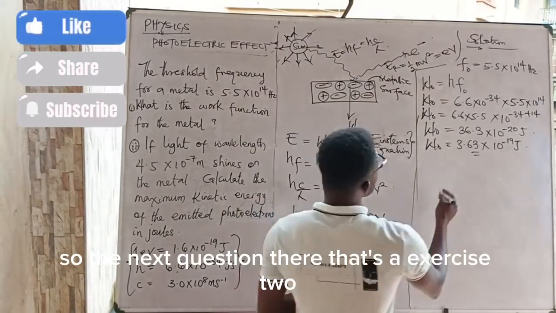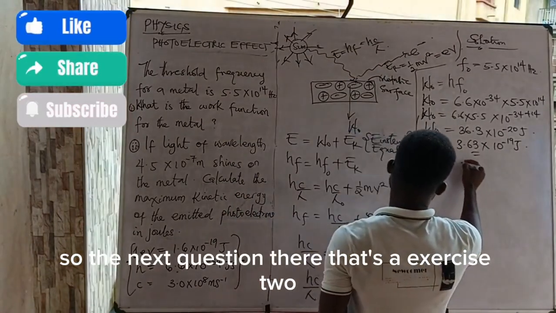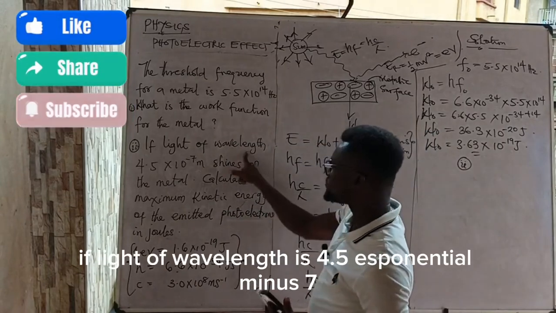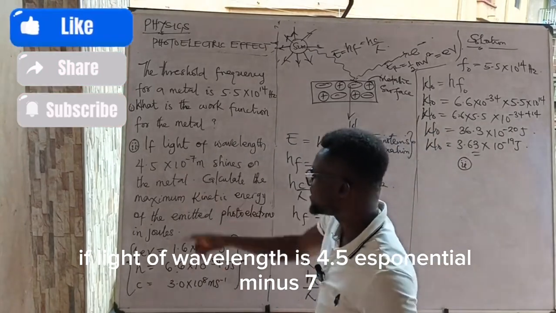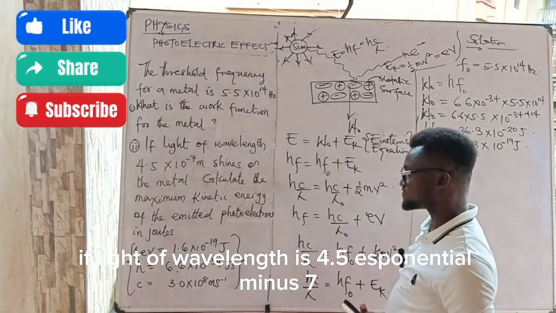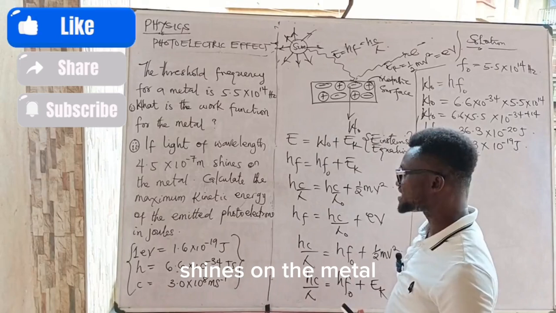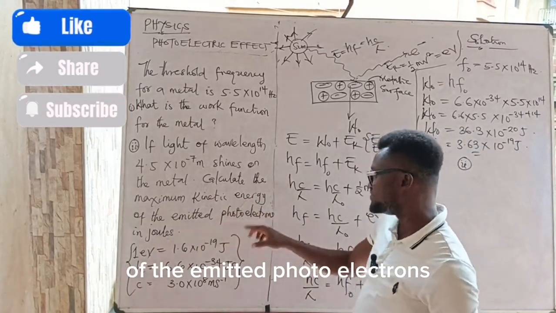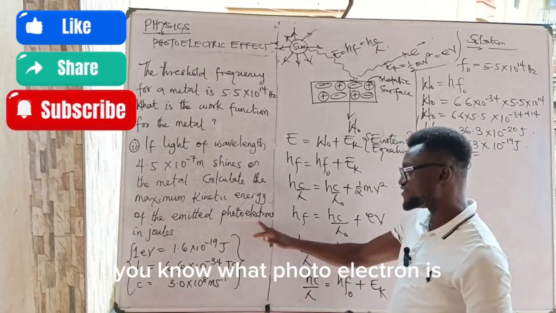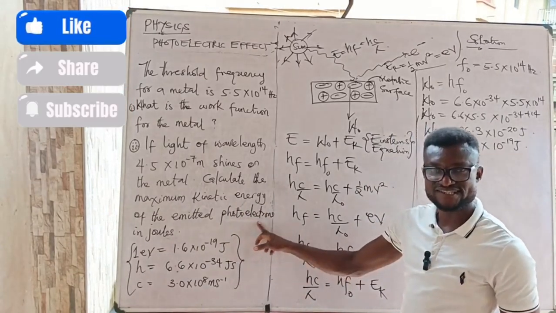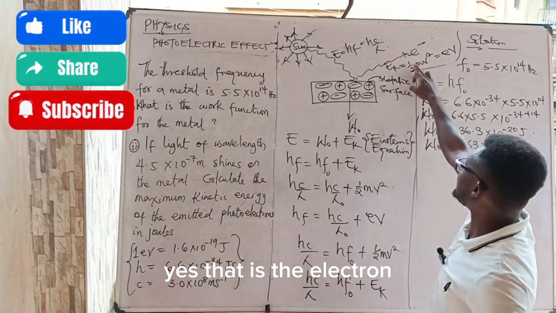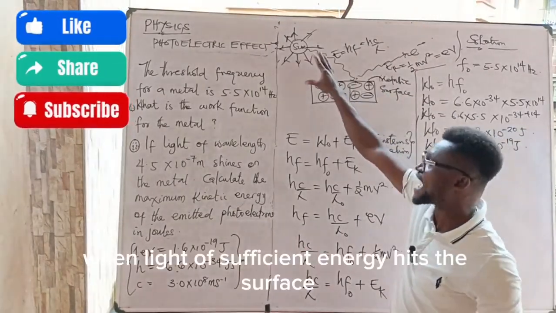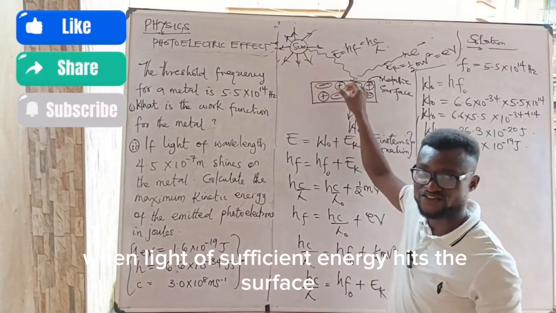So the next question, that's exercise 2. They said if light of wavelength 4.5 × 10^-7 meter shines on the metal, calculate the maximum kinetic energy of the emitted photoelectrons. You know what a photoelectron is? Yes, that is the electron emitted from the surface of a metal when light of sufficient energy hits the surface.